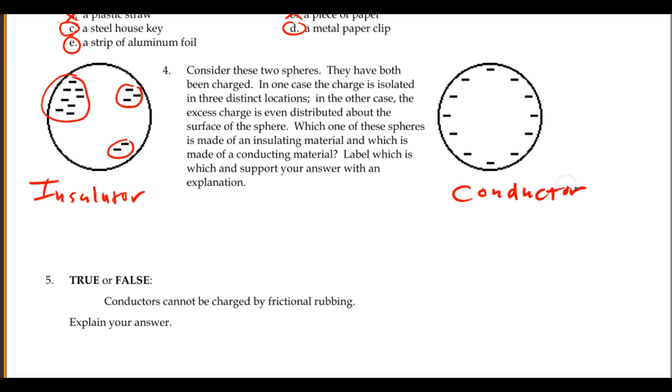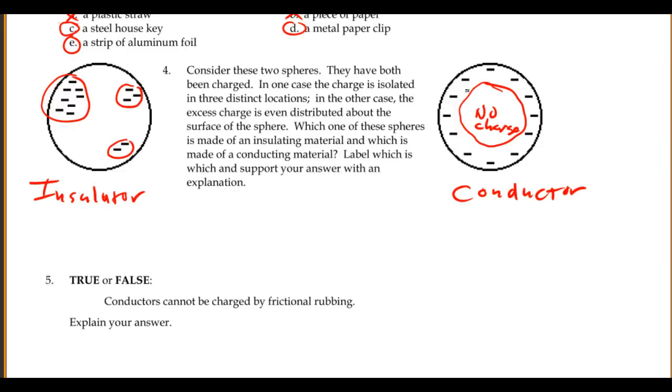Now that brings up an important element of a spherical conductor. Inside the spherical conductor, there is no charge. The charge will naturally spread out, trying to get away from each other, and will spread out on the surface of the conductor. So it will not go inside the metal conductor.